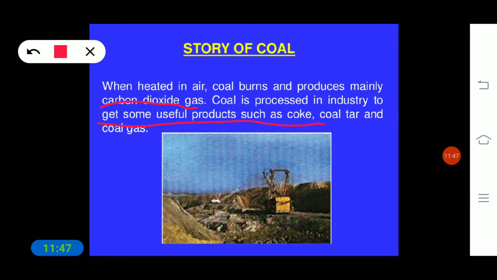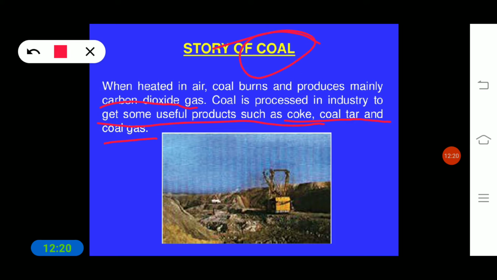Coal is also processed in industry to get some useful products. When coal is processed in the industry, we get some useful products such as coke, coal tar, and coal gas. So when we prepare coal, along with the coal, some other useful products are also obtained.